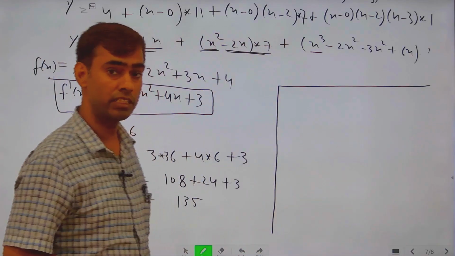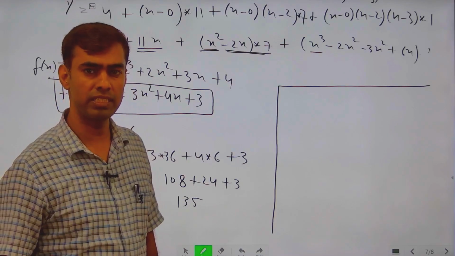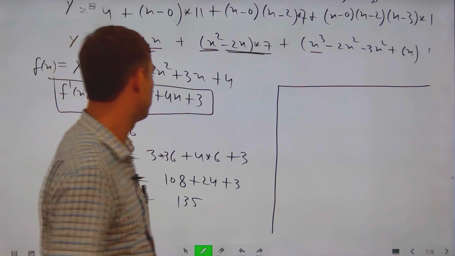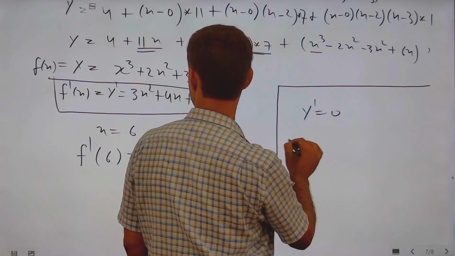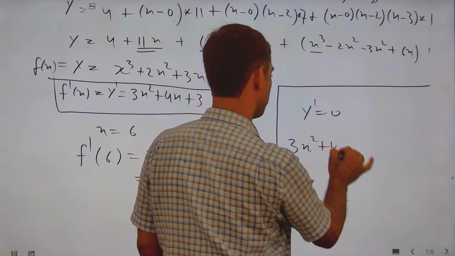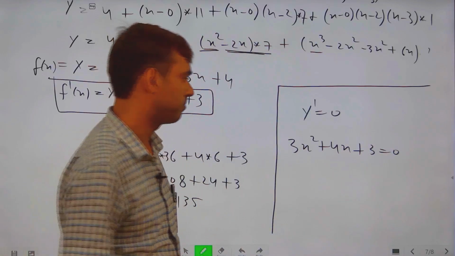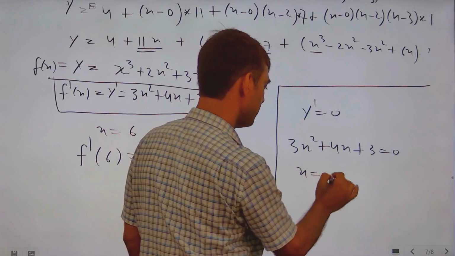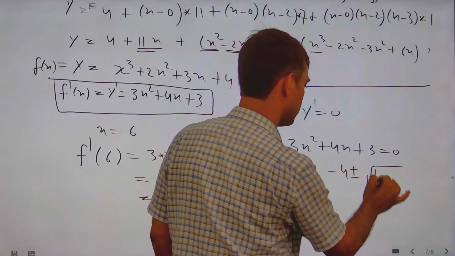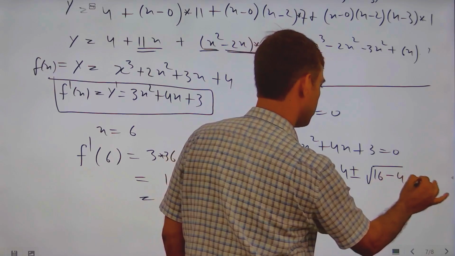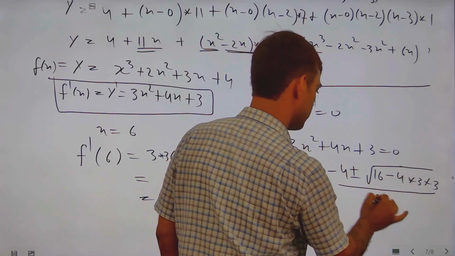The second part of this question is to find the maxima value. How do we find the maxima or minima? The necessary condition is that the first order derivative equals 0. So if we put y dash equal to 0, then 3x square plus 4x plus 3 equals 0. What are the values of x? x equals minus b plus minus under root b square minus 4ac, divided by 2a, which is 6.